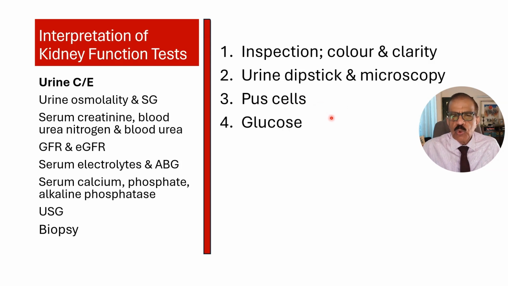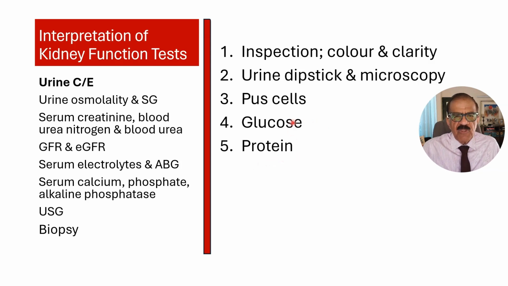And glucose should normally not be present in urine, except in a rare condition called renal glycosuria, or diabetic patients who are excreting glucose when their glucose goes beyond 180, and also those diabetics who are taking SGLT2 inhibitors. So glucose should normally not be present in a healthy person.